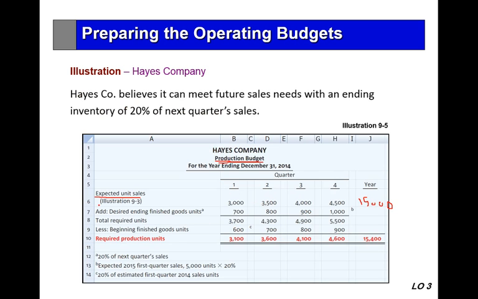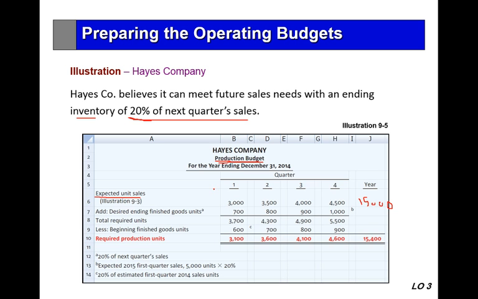Then the question said that his company believes it can meet future sales needs with an ending inventory of 20% of next quarter sales. Then we have to note that his company wants to have an inventory at the end of each quarter that equals 20% of next quarter sales.